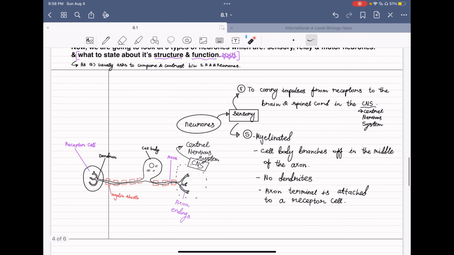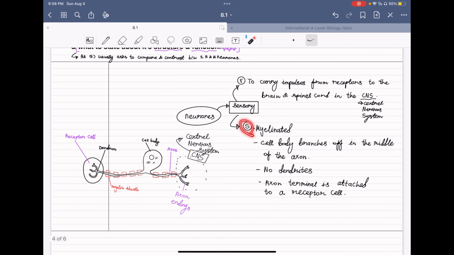First we're going to look at the sensory neuron, and its function is to carry impulses from receptors, this is our receptor cell, to the brain and the spinal cord, the CNS. CNS is the short form of central nervous system, and it's fine to use the short form during the exam as well.